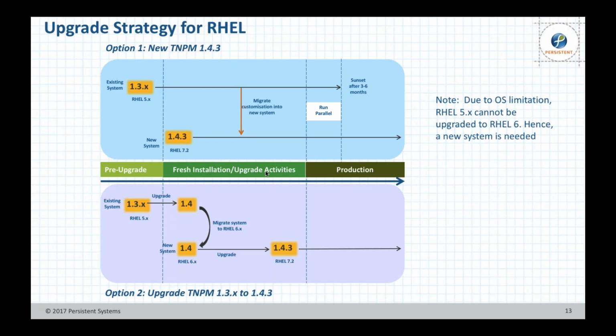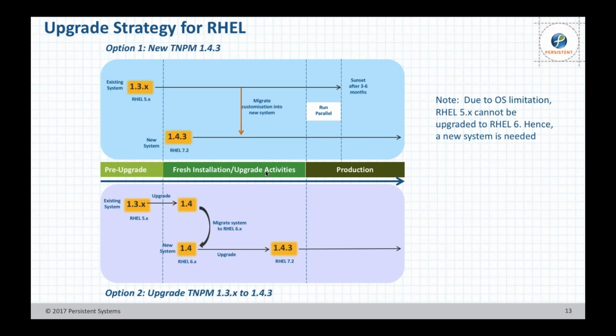So there's a limitation in terms of upgrading the operating system from Red Hat 5 to 6. Therefore, we need to take a different approach rather than doing a direct upgrade on the same hardware. There's a second option that we need to go through.